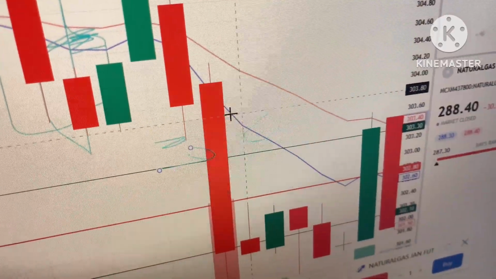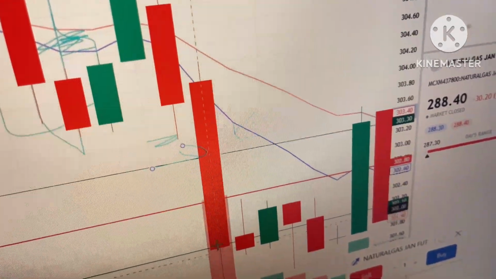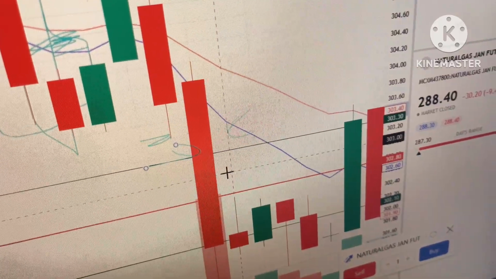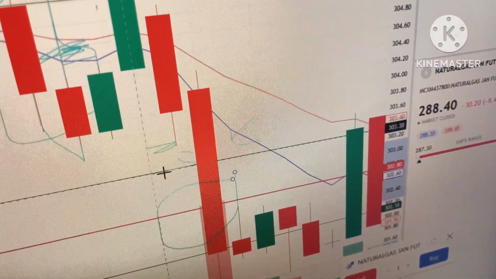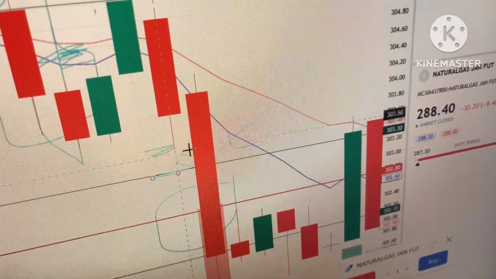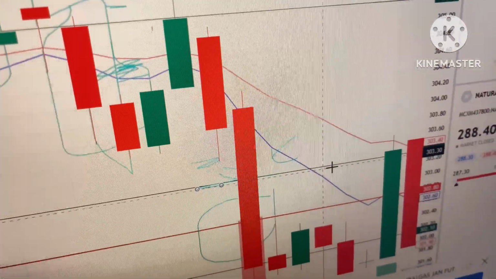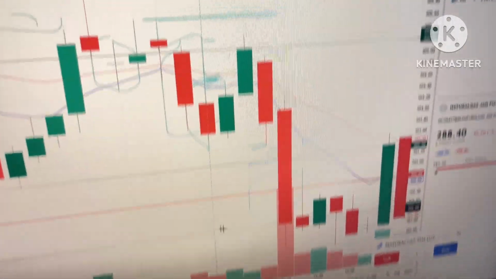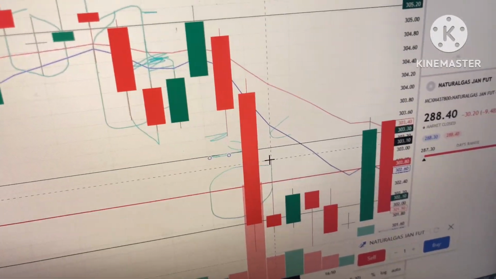Okay, but if the candle comes down rapidly, then you can take the extra bonus point. If the candle is sustaining on this black line, better to exit. Okay, so that's how you can make the point. But in natural gas, it will take time to come from this level to this level.